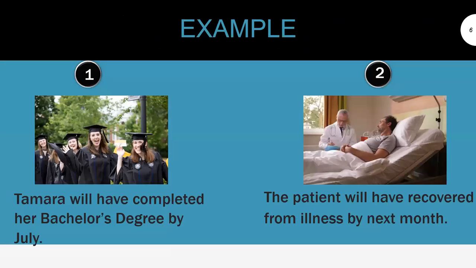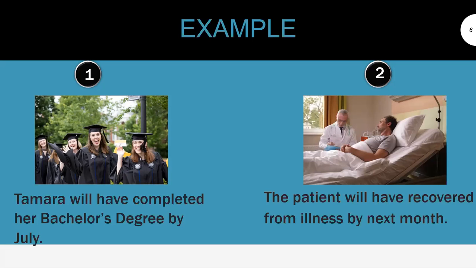Here is another example, okay? Tamara will have completed her bachelor's degree by July. It means July, maybe the graduation is in June. So in July, it means if you are asking, do you think Tamara will still be studying? Is she still studying next July, next June?